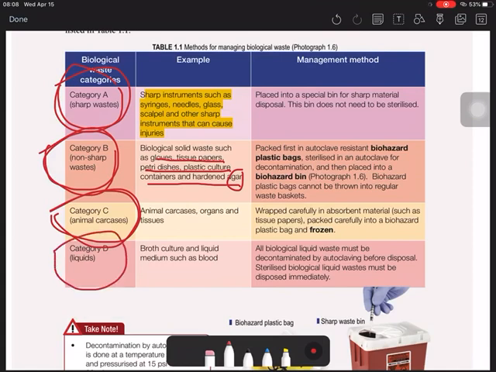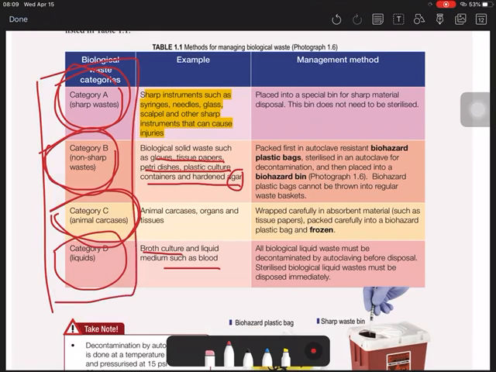Broth culture, in Bahasa we call it kuah, means a food mixed liquid. Liquid media such as blood are also considered liquids. For these different categories, there are different ways to dispose of them.